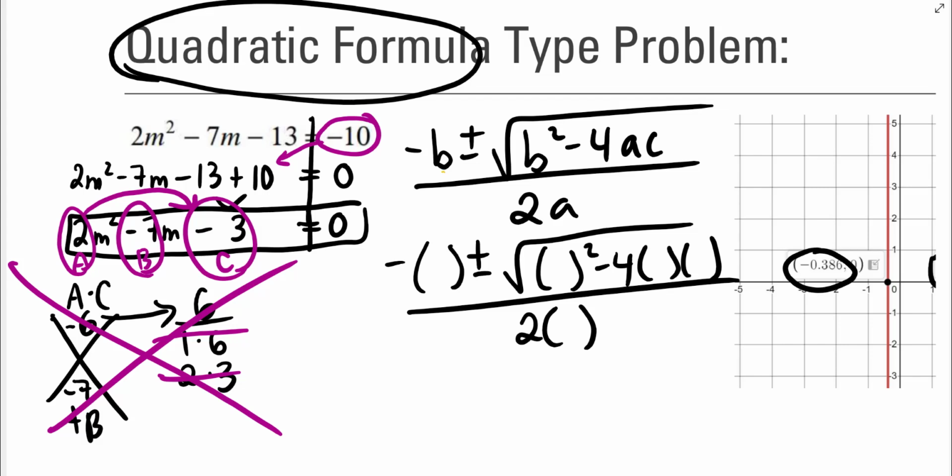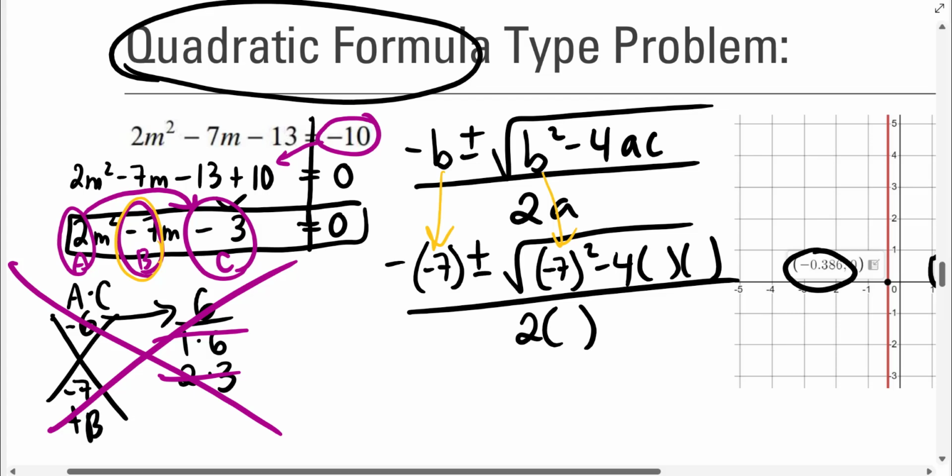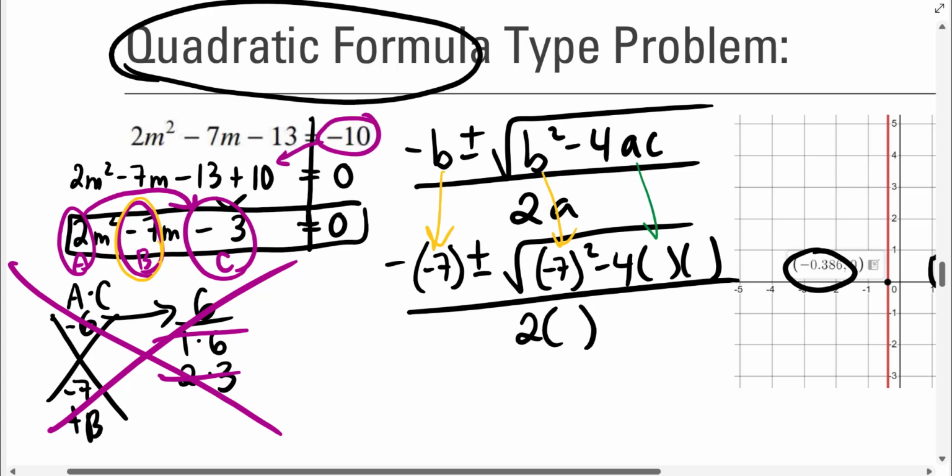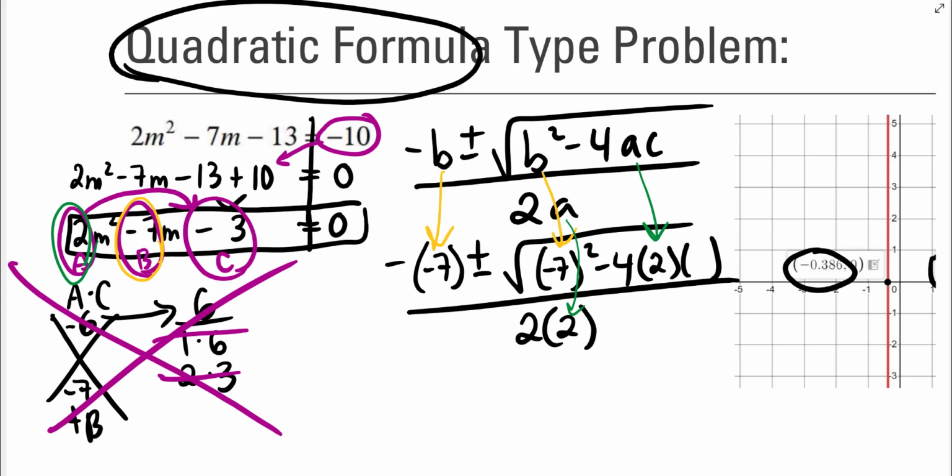So first we're going to do b, and b is -7. Next, we're going to do A, and A is +2. And then the last one we're going to do is C, and C is -3.